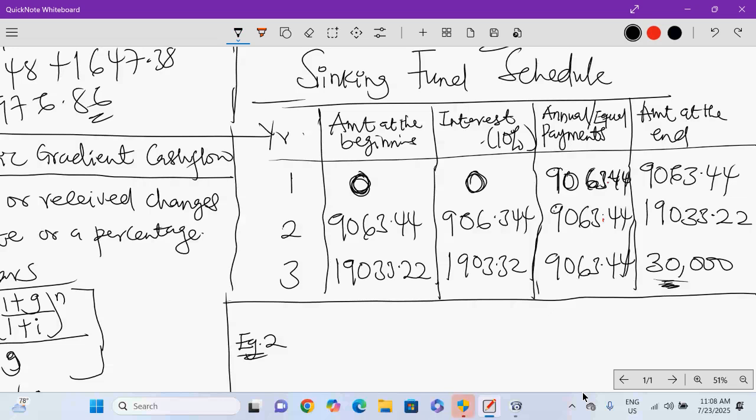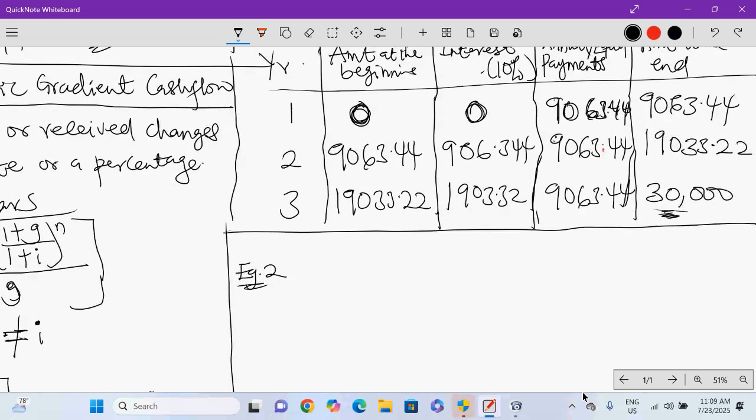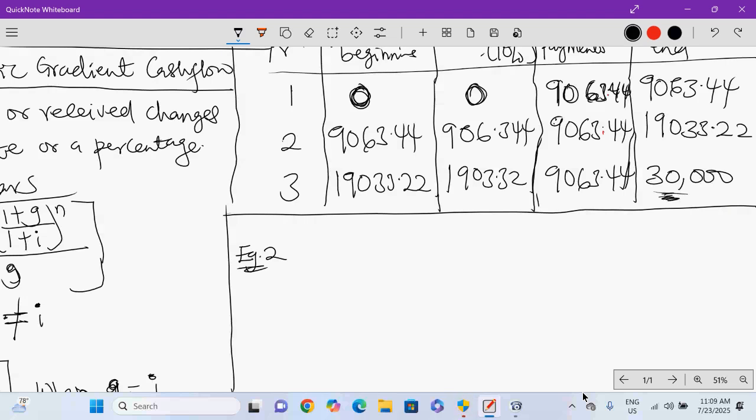Then you see that your money will be more. That's why you are depositing your money at the bank, right? Because you earn interest on it. Then you'll be able to get your 30,000 that you want to be able to buy the salon car. All right. I believe I've answered your question.